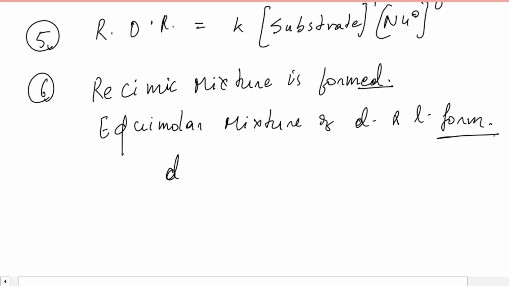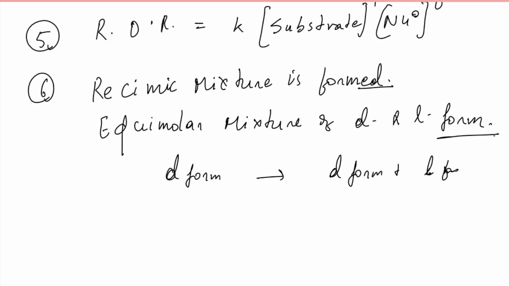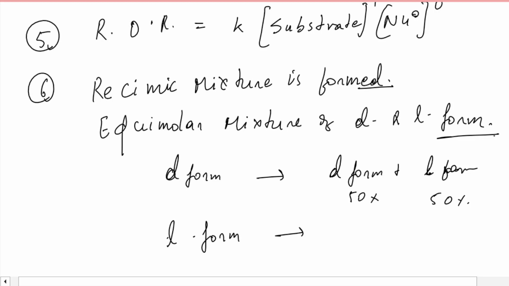If D form is there initially, then it will get converted into D form plus L form, and both will be in concentration of 50% and 50%. And if it's L form initially, then it will get converted into a mixture having D form plus L form, 50-50%.